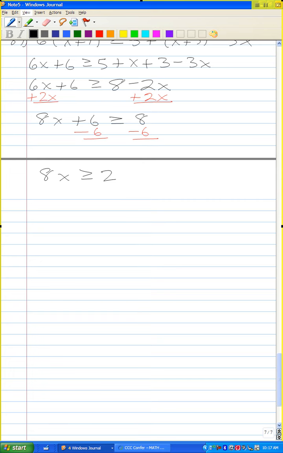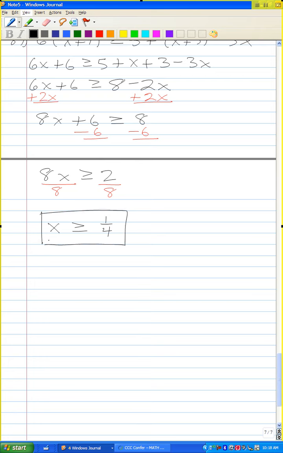Now let me solve this inequality for x, using the multiplicative property of inequality. Notice that there's a positive constant of 8 in front of the x, so I can divide both sides of my inequality by the positive constant 8. Since it's a positive constant, by the multiplicative property of inequality, I do not need to switch the inequality, so I have that x is greater than or equal to 1/4.